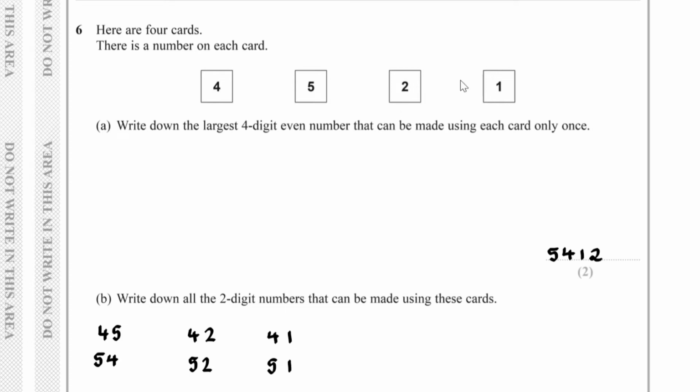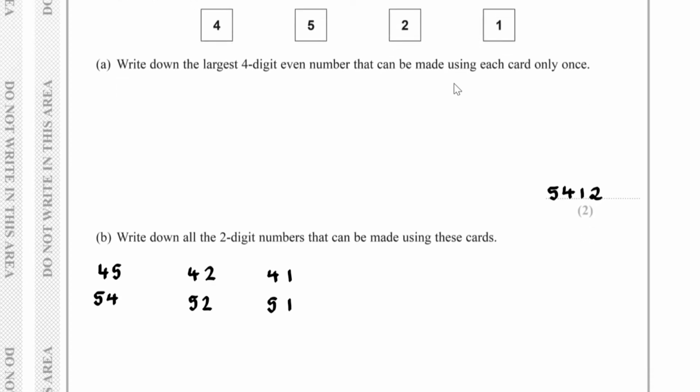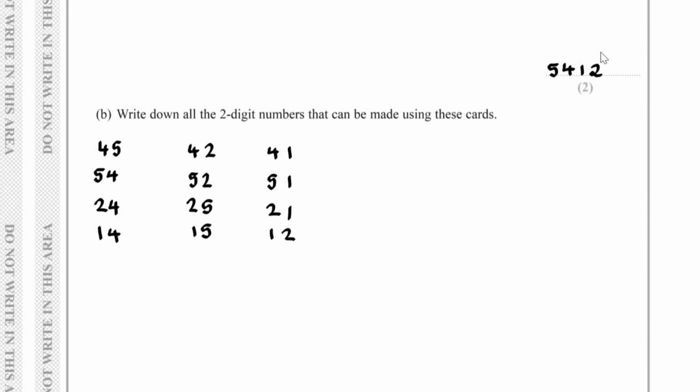Or we could have the 2 with the 4, 2 with the 5, and 2 with the 1. Or we could have 1 with the 4, 1 with the 5, 1 with the 2. Here are all the possible numbers we could make that are 2 digits.